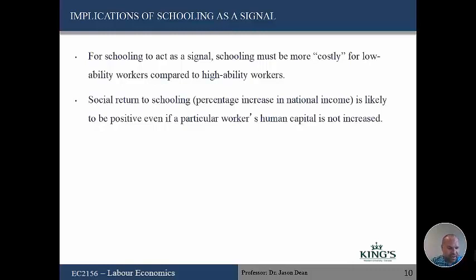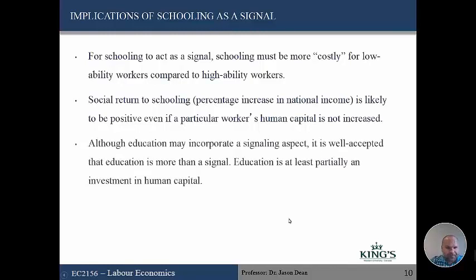If education is just acting as a sorting mechanism to sort between low and high ability workers, then you're going to have higher earnings for those with an education compared to those without. And so hence you have this positive relationship between education and earnings, but it's not due to an increase in human capital, an increase in the skills acquired through education.